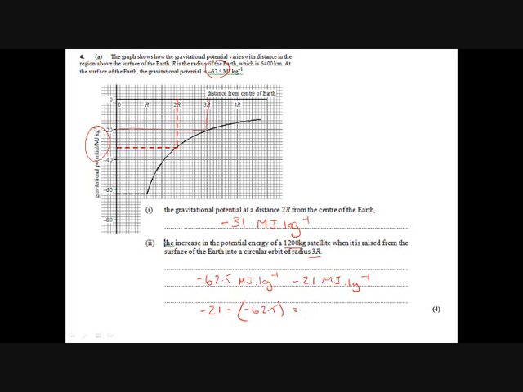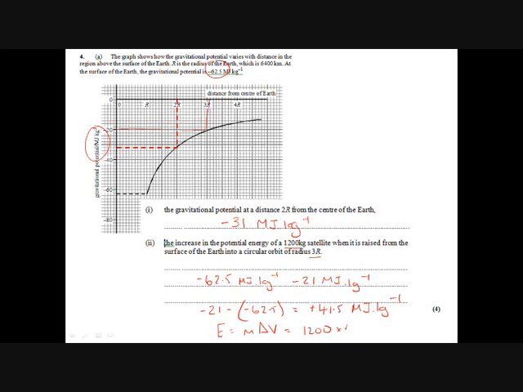Given the accuracy of reading this graph, that comes to about plus 41.5. It's going to take us energy to go from r to 3r. So something like 41 megajoules per kilogram. But remember, that's in megajoules per kilogram, so to find the energy, we have to do m delta V. This is a 1200 kilogram satellite.